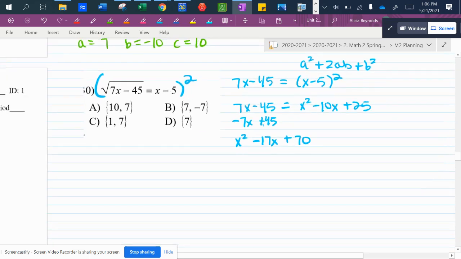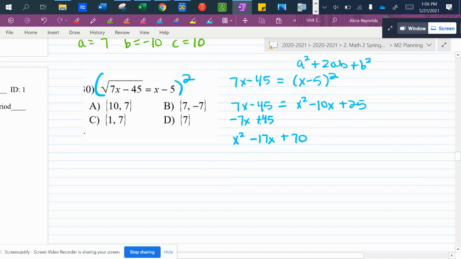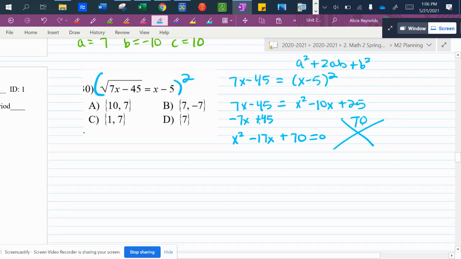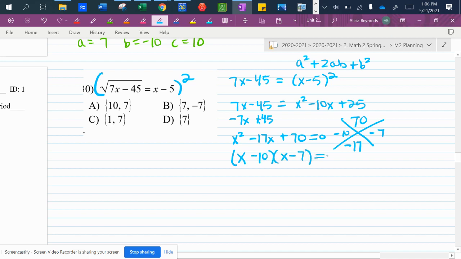And now that this is equal to 0, I can factor it. So I'm trying to find numbers that multiply to positive 70 and add to negative 17. This means that I'm going to have two negative numbers. That's the only way for me to get a positive product and a negative sum. The numbers are 10 and 7. So this factors to x minus 10 times x minus 7 equal to 0.